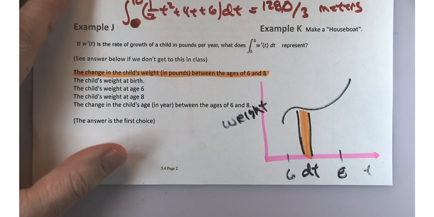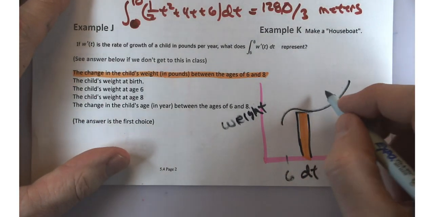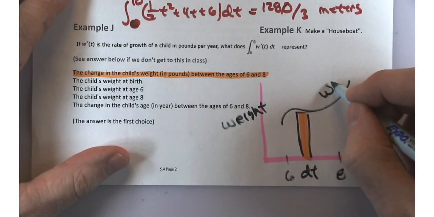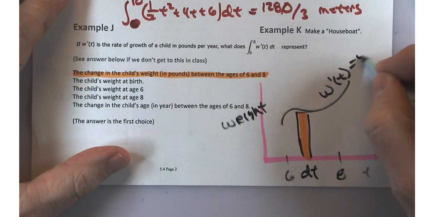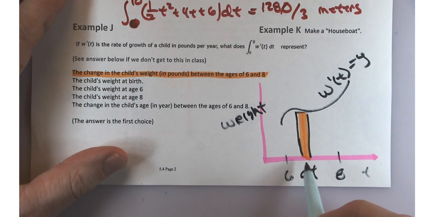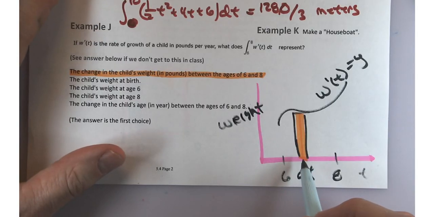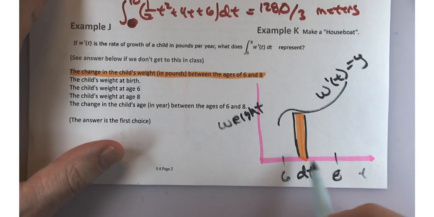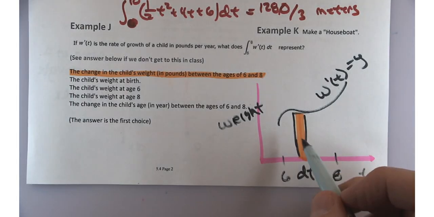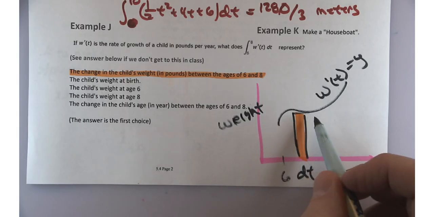And then, of course, we've got y equals w prime of t here. And that's the change in weight. So if you take the change in weight, multiply by a little time interval, that's how much weight change you're going to experience in that little time interval. Now, I guess you are still putting on weight here because this is a positive function.